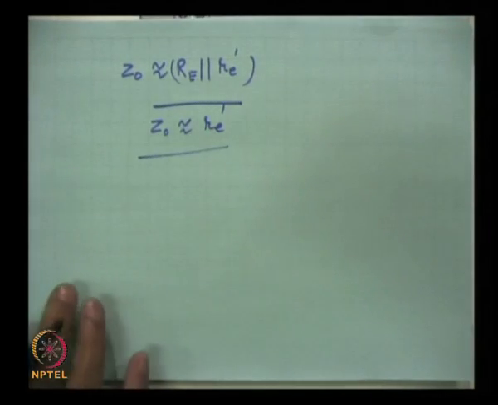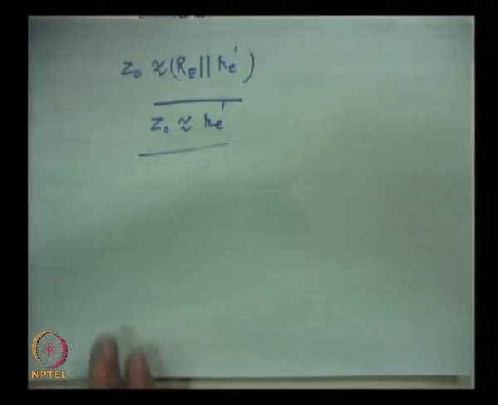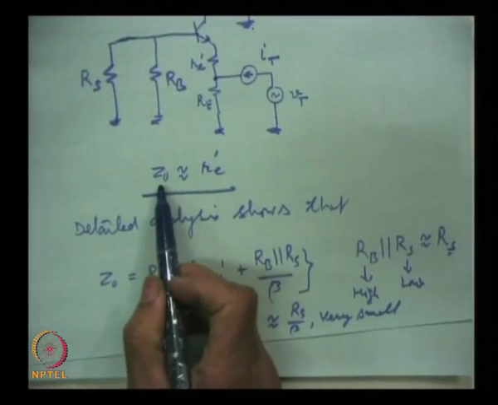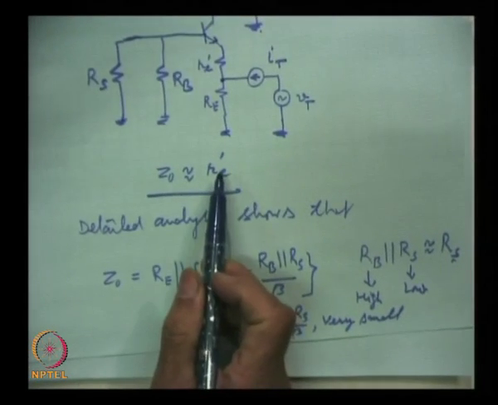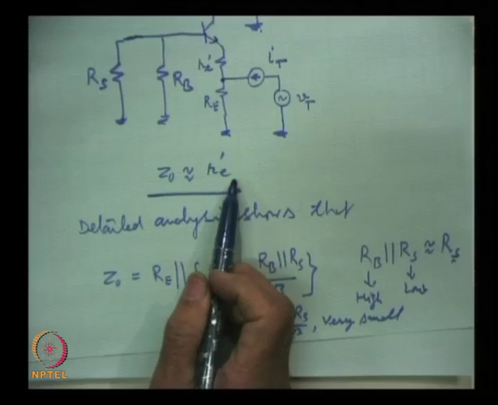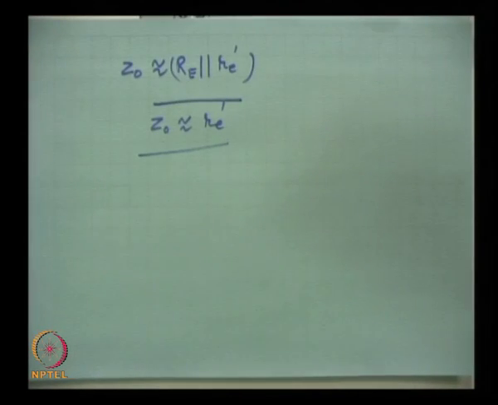This is from where we started logically, that the output impedance is equal to RE prime, and RE prime is very small. So, we have found out all the parameters of the emitter follower.